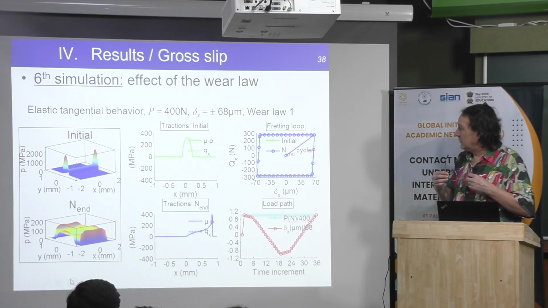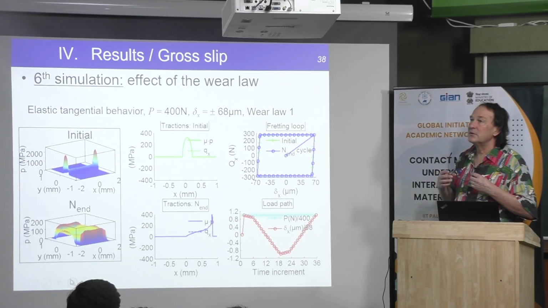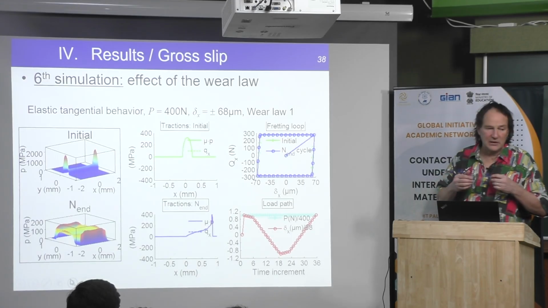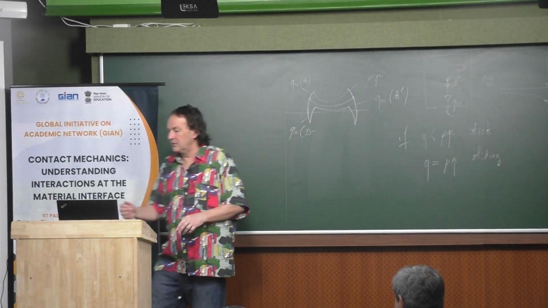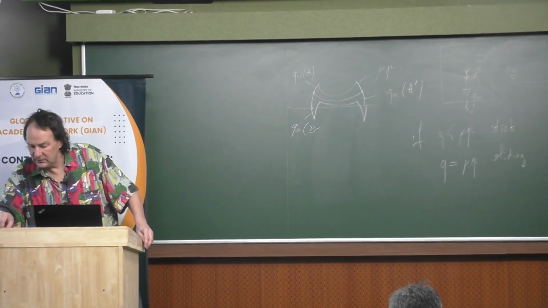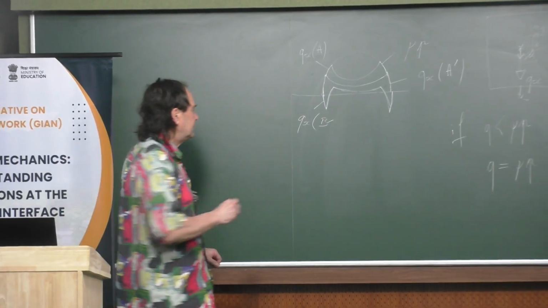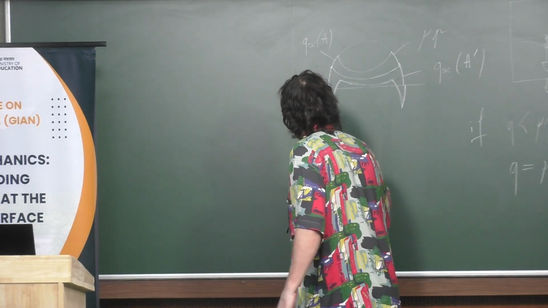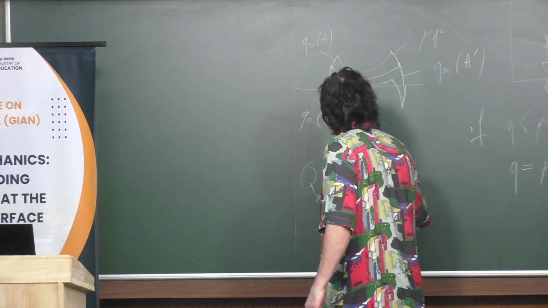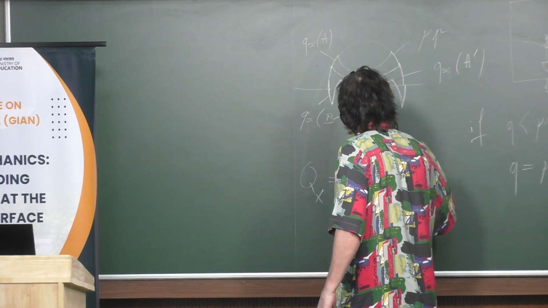I don't remember, yes, the tangential load is 0.7 times the normal load. Then it's Qx equals 0.7.